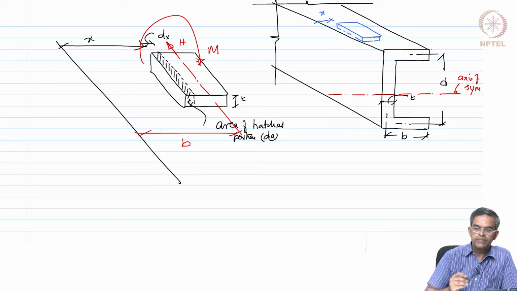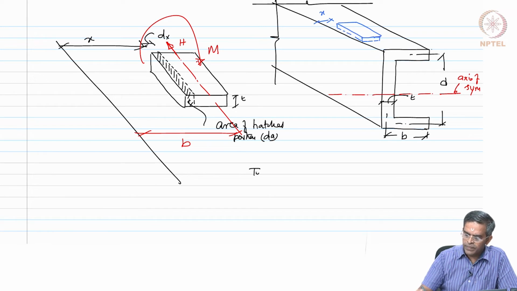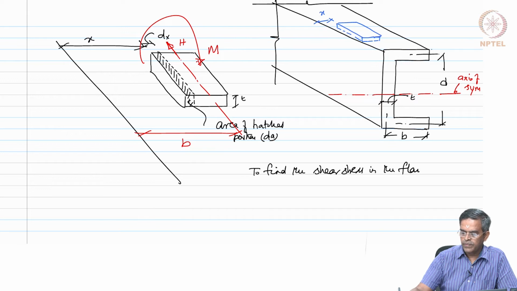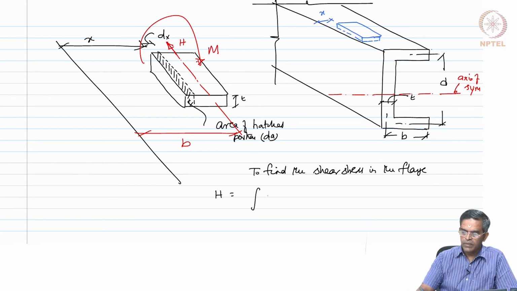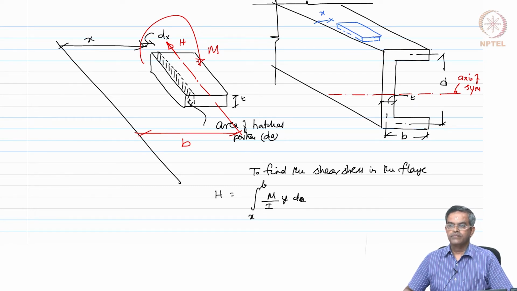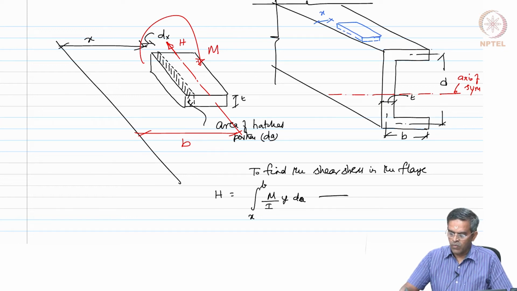Okay. Now I want to find the shear stress in the flange. Now H will be given by M by I into the integral of y dA from x to b, equation number 1.